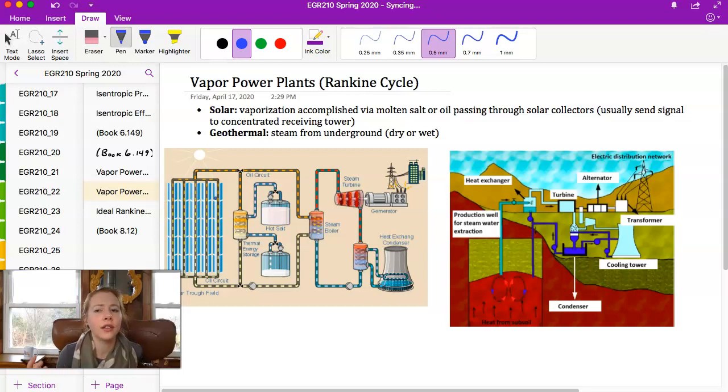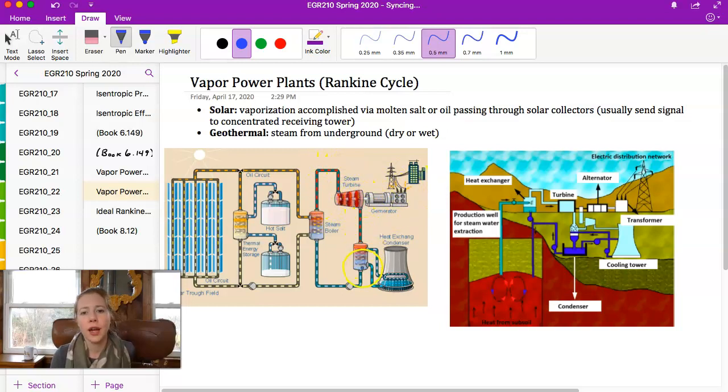These plants operate a little differently in that there's also molten salt that is used. The oil is going through and heating the salt, and the molten salt is then used to heat your working fluid, which is typically water once again, to vaporize the water, creating steam, which is then sent through the turbine, which turns a generator.